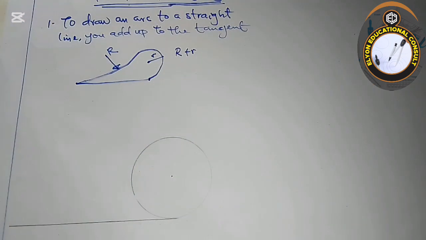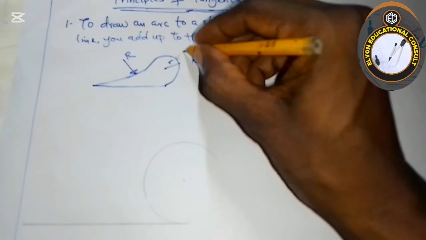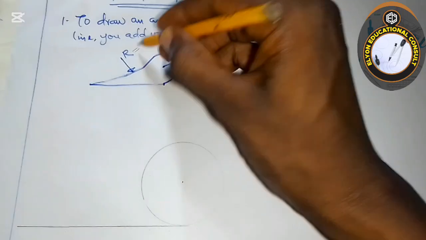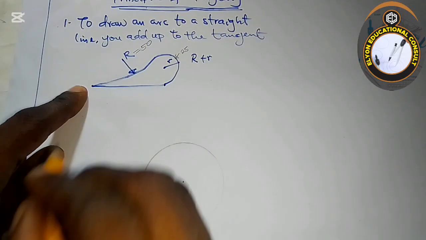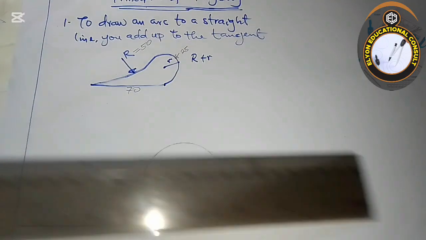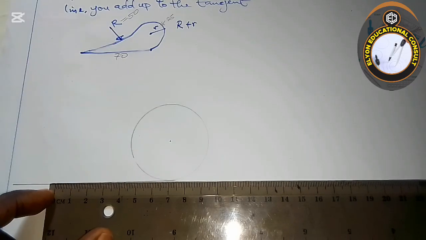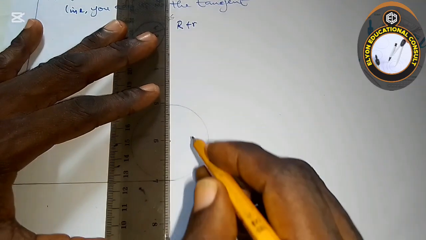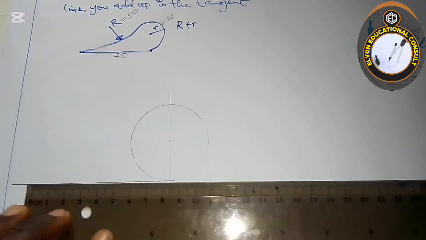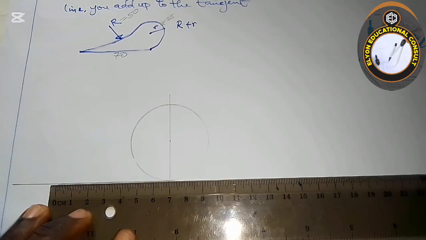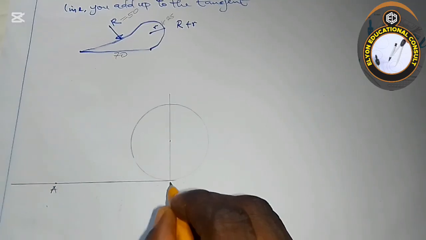So here, the radius of this circle is 25, the radius of this arc is 50, and the length of this line is 70. So let me take 70 from the center of this circle. If I call this A and this part B.